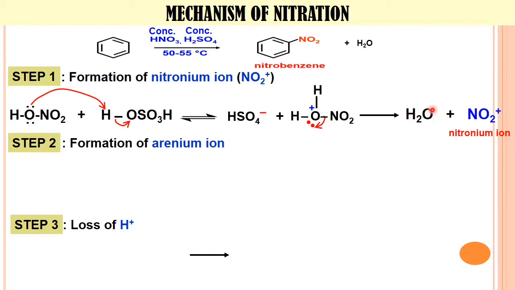Dekat oksigen ni sebenarnya ada dua lone pair. Asal dia ada satu ni. So bila dua elektron kat sini pergi pada O, dia akan ada dua lone pair dekat sini. Tapi tak perlu tunjuk lah. And so dia akan form nitronium ion. So this is what we want. So this is our electrophile. Boleh? So this is the first step of formation of electrophile.